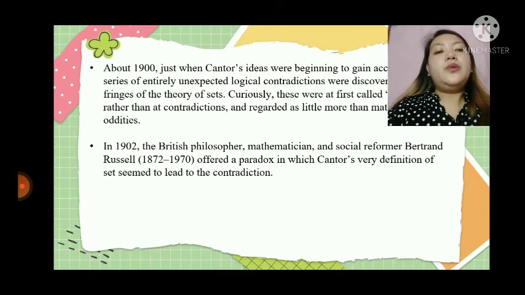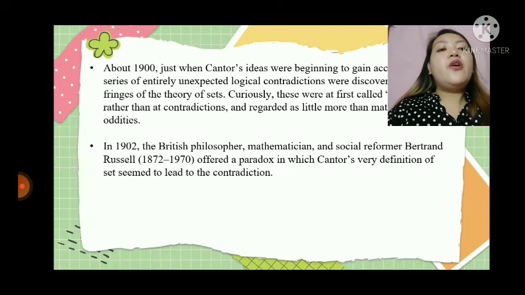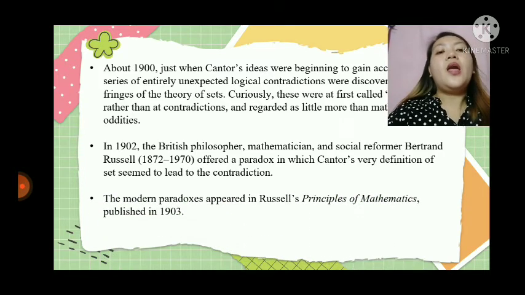In 1902, the British philosopher, mathematician, and social reformer Bertrand Russell offered a paradox in which Cantor's very definition of set seemed to lead to contradiction. The modern paradox appears in Russell's Principles of Mathematics, published in 1903.